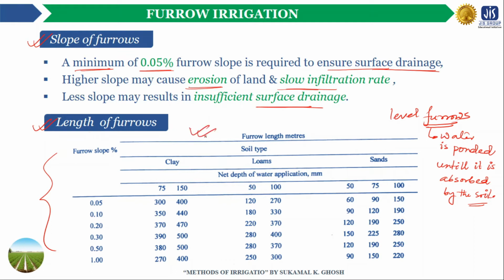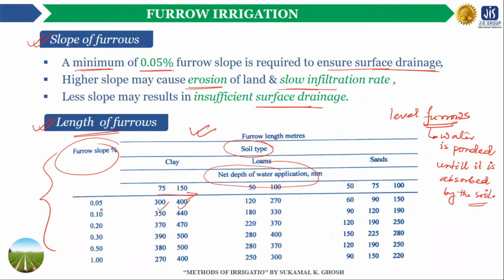From this table, you may have an idea that the length of the furrows depends upon the slope of the furrow, the type of the soil, and the net depth of the water application. So you may observe, with the increase of net depth of water application, the length of the furrow is also increasing. Okay?